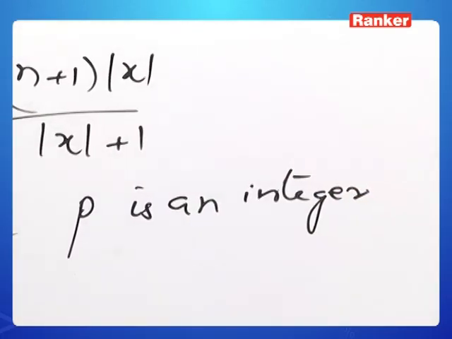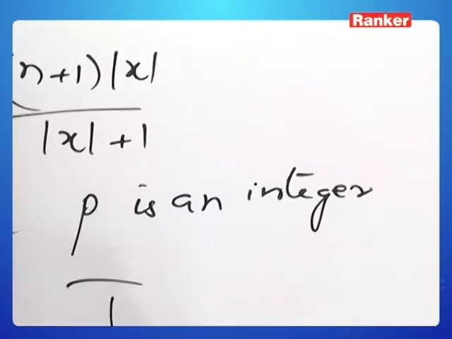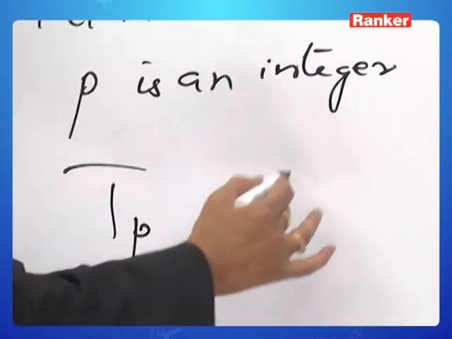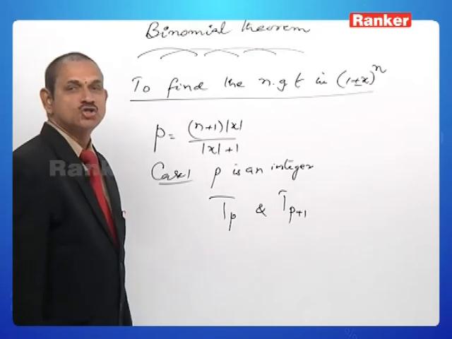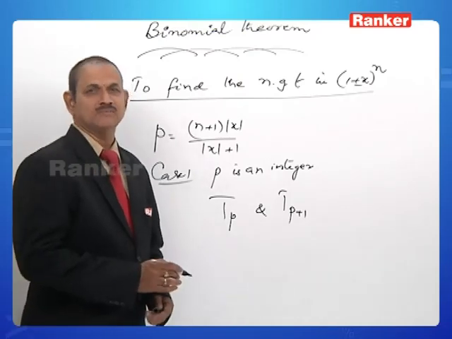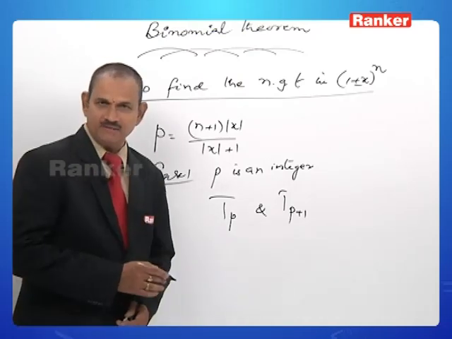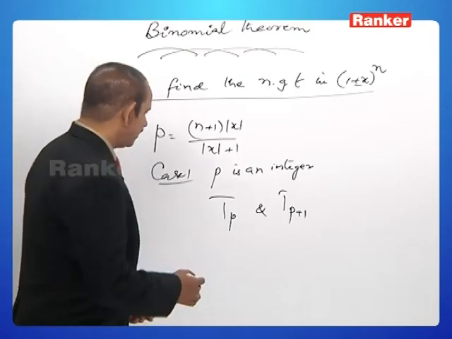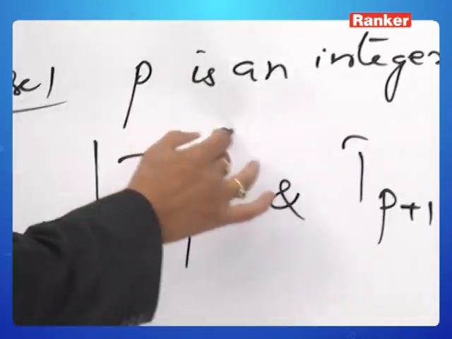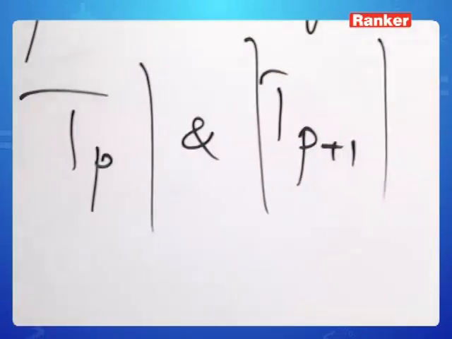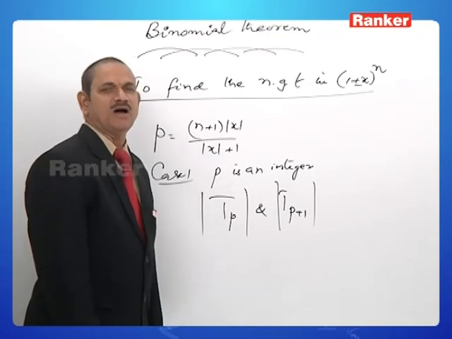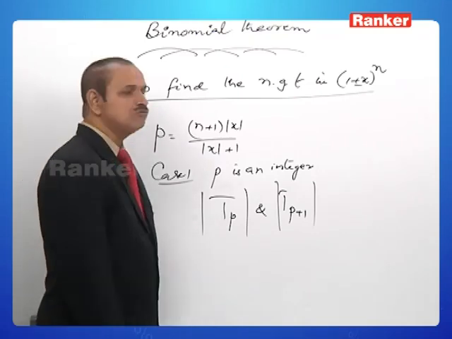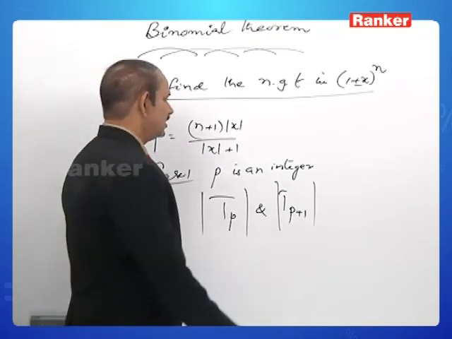In this case, there will be two numerically greatest terms, namely Tp and Tp plus 1. Of course, they will be equal in value. As we are interested in the numerical value only, we write mod Tp and mod Tp plus 1 are the two numerically greatest terms.